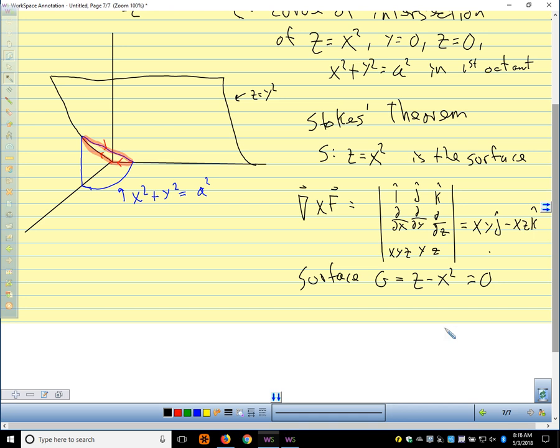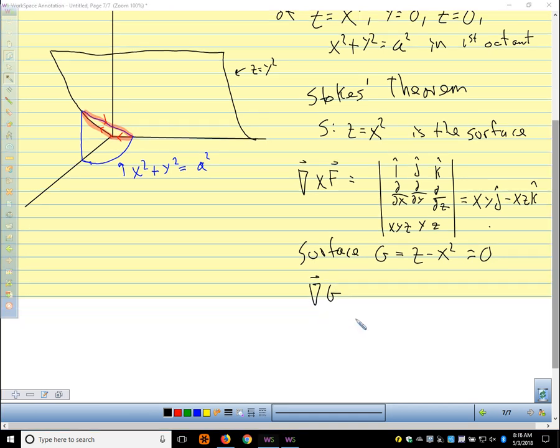So we're going to evaluate del cross F dot del g. So with Stokes' theorem, we get to find the curl and the gradient. Del g is minus 2x i hat plus k hat. And del cross F dot del g for our flux integral is minus xz.